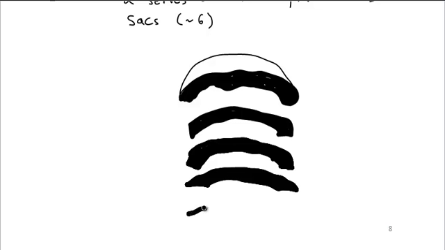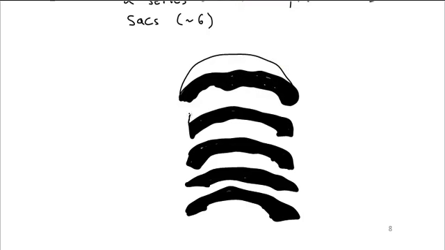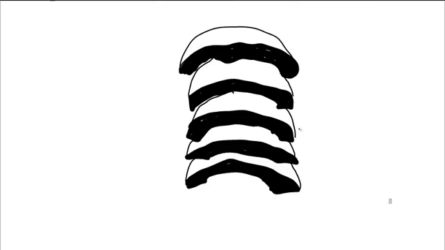So we'll just draw 5 for this purpose. So these are a series of vacuoles that have been flattened. They sort of line up one above the other.